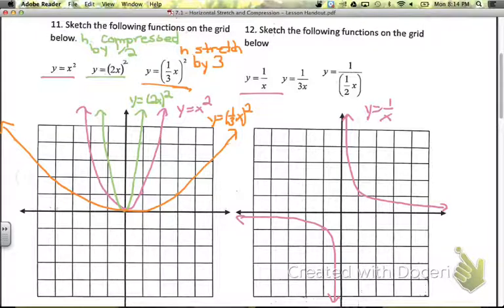So now what we're going to do is we're going to look at y equals 1 over 3x. So 1 over 3x is going to be a horizontal compression by a third. So remember, it's always the value that exists with the x.